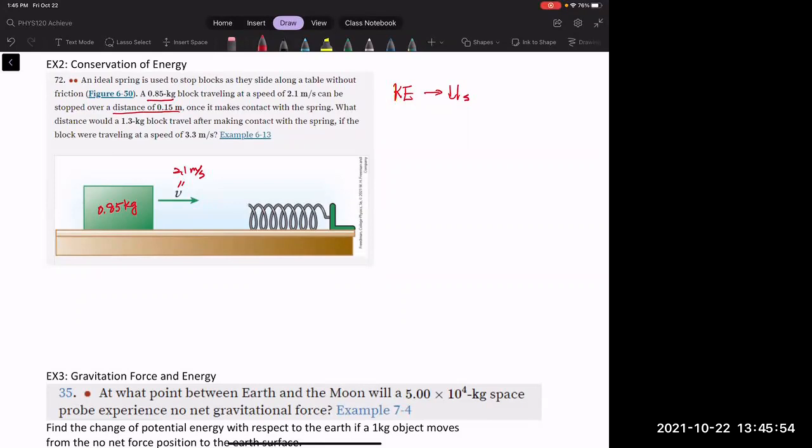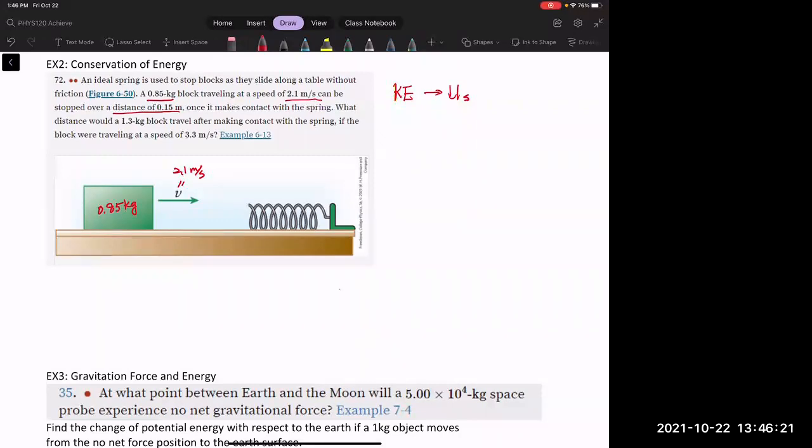Okay. Another thing we see from here is this speed. So that speed is 2.1 meter per second, moving to the right.